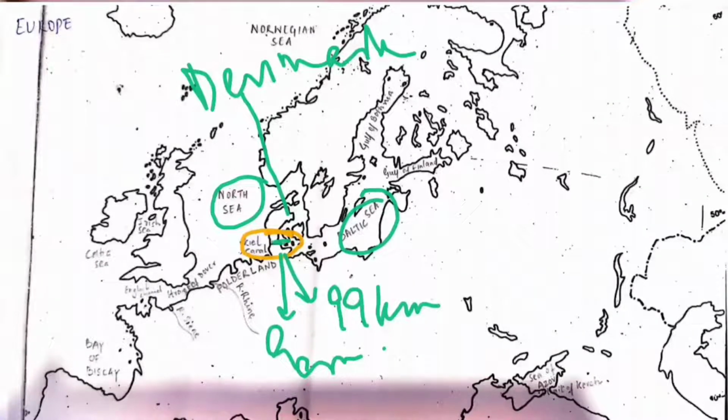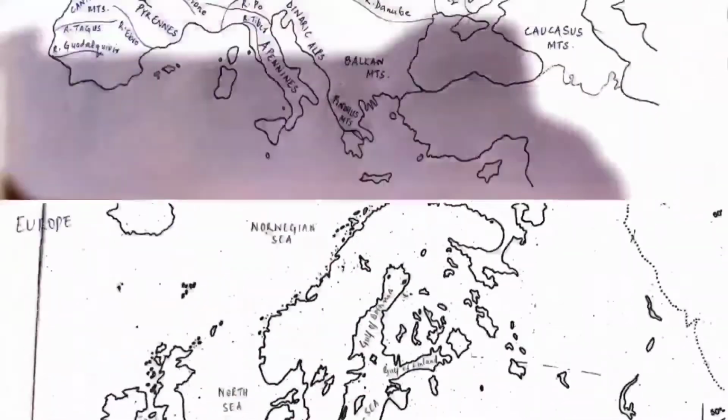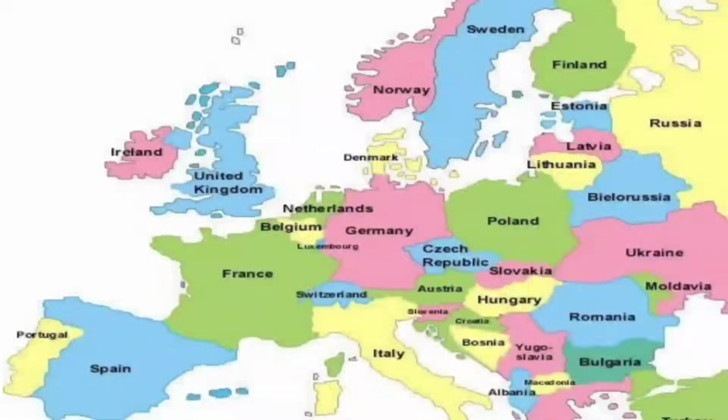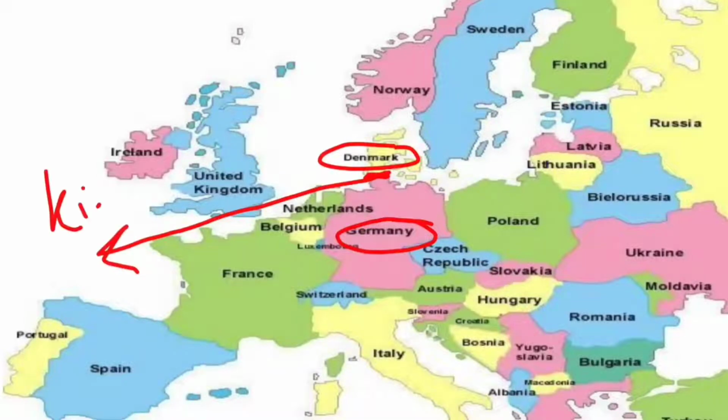Let's have a look at a map. This is Denmark and this is Germany, and the natural boundary between them represents the Kiel Canal.